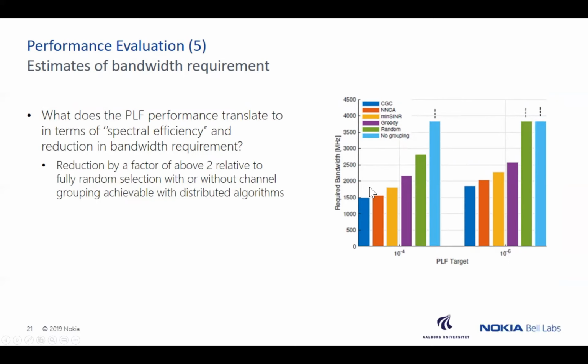If we compare the centralized graph coloring or NNCA with the case where we don't have grouping, or even the random selection algorithm, we see a drastic decrease in the bandwidth requirement. For example, we can scale the bandwidth from around 4 gigahertz to below 2 gigahertz.